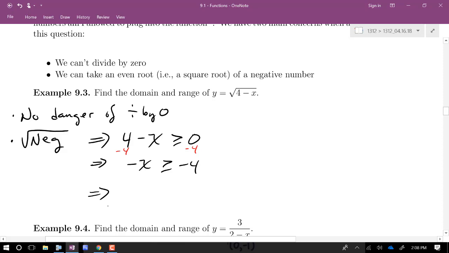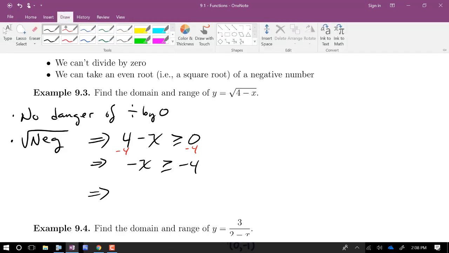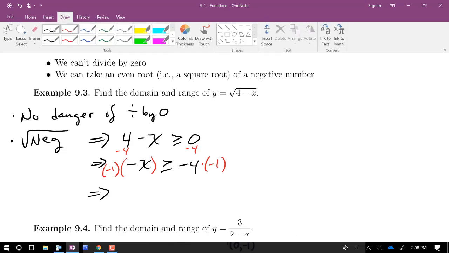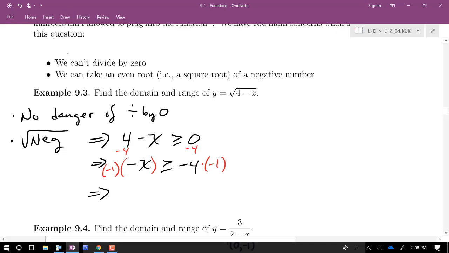Now I want to turn this into a statement about x and not a statement about negative x. So we multiply both sides by -1. Does anybody know what we have to do in an inequality when we multiply both sides by a negative? We have to flip the sign, yeah. So this means x is less than or equal to +4.